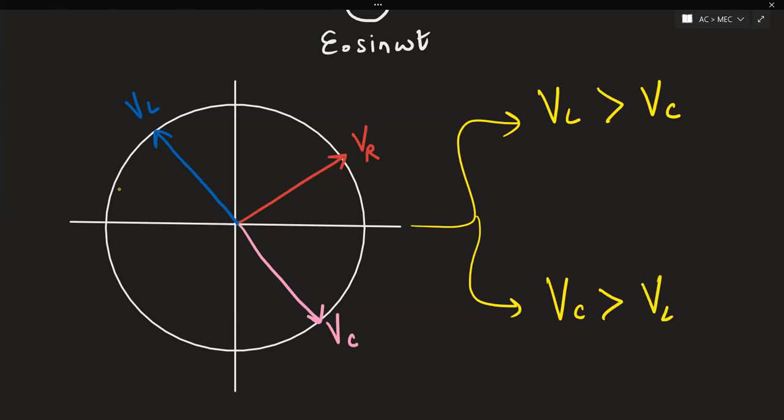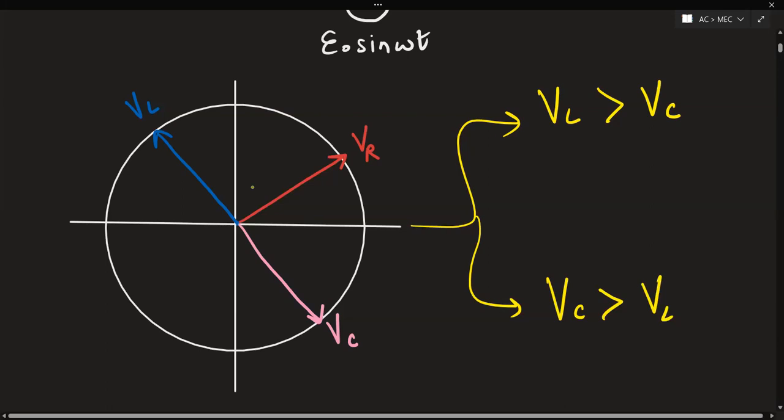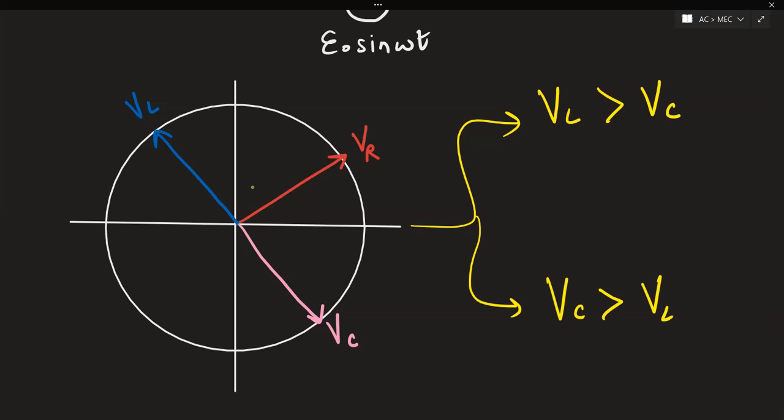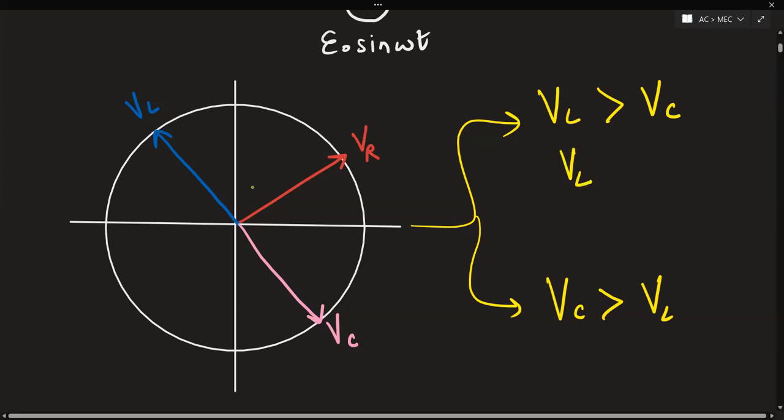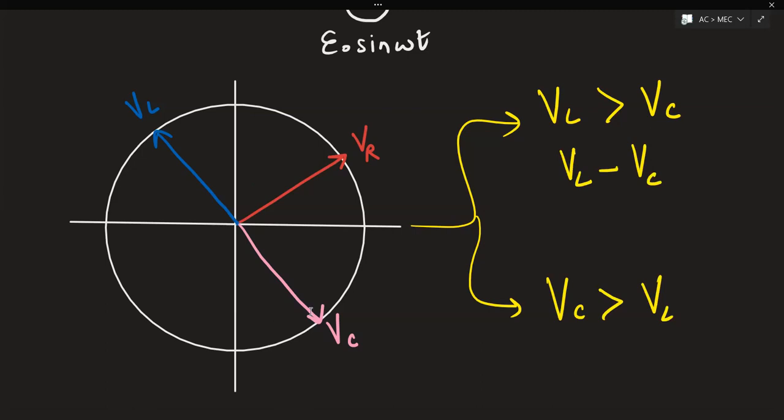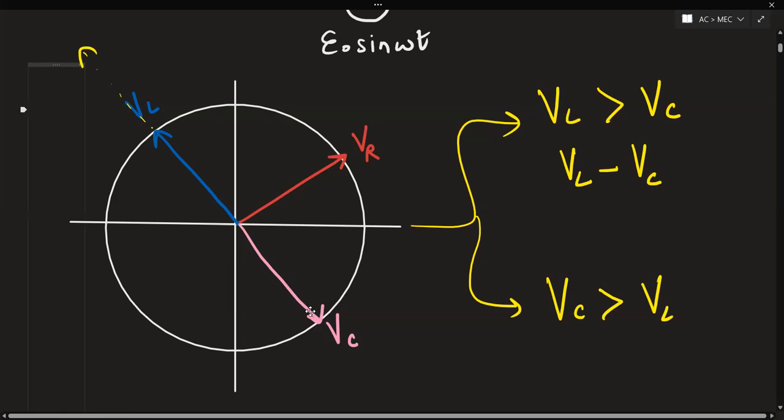See, when VL is greater than VC, when you subtract these two, which should be written first, VL minus VC or VC minus VL? Definitely, if VL is greater than VC, we write the net resultant as VL minus VC. So when you subtract, the net resultant will point in this direction. This will be equal to VL minus VC.